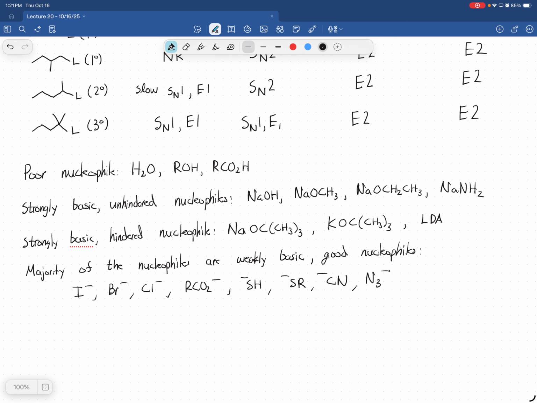So these are the examples of good nucleophiles but weakly basic. Okay, so their conjugate base is relatively weak compared to the conjugate acid. So these are conjugate bases of pretty much strong or relatively strong acids. So they are of weak base strength.